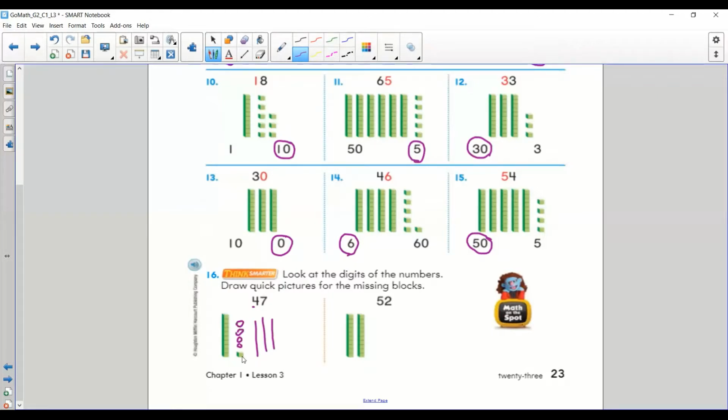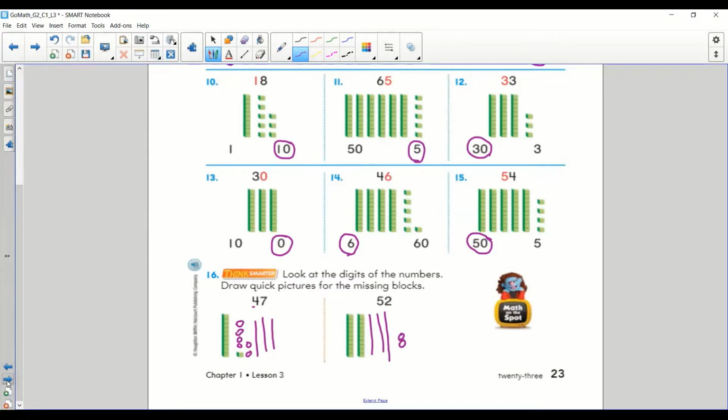We like to put 5 at a time. See how we only put 5 and then we start the next row down here. So that's 5, 6, 7. So now we have 4 tens, 1, 2, 3, 4 for 40, and 7 ones, 1, 2, 3, 4, 5, 6, 7. For 52, we need 5 tens, 1, 2, 3, 4, 5, and we need 2 ones, 1, 2.